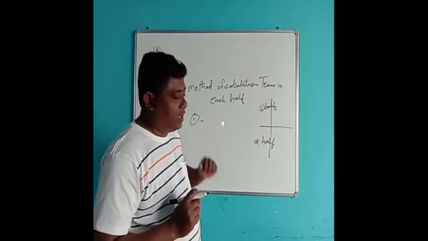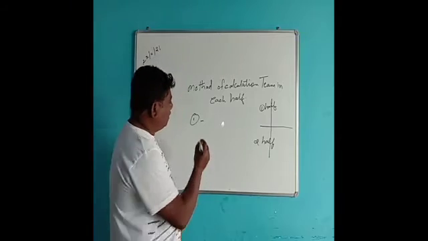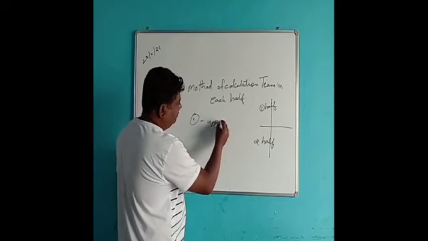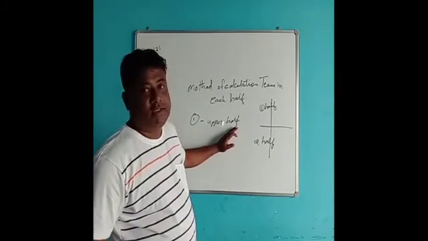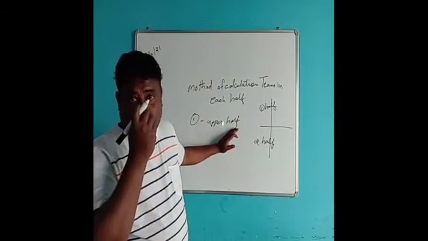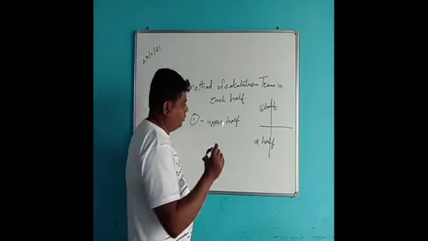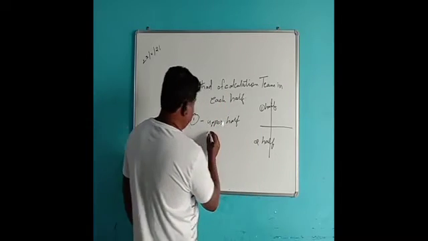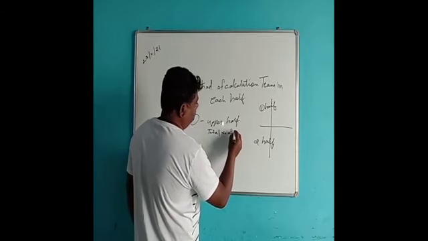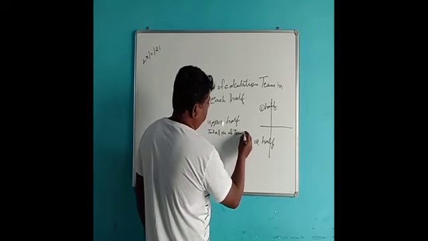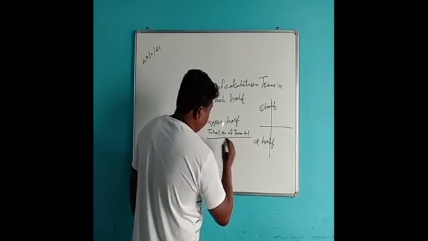Again, for the upper half there is a formula. That formula is total number of teams plus 1, upon 2.